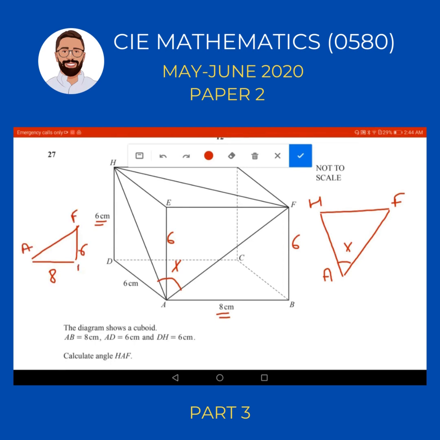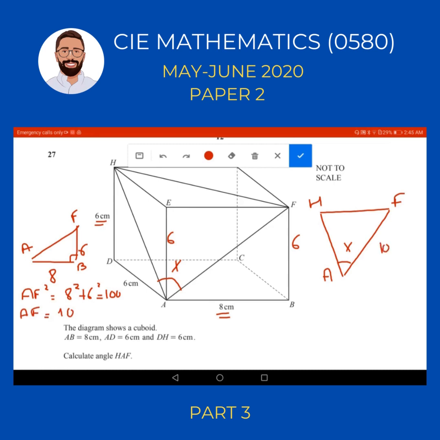And here is B. Since this is a right angle triangle, I can use Pythagoras' Theorem. So AF squared is equal to 8 squared plus 6 squared, which is 100. So AF is the square root of 100, which is 10.